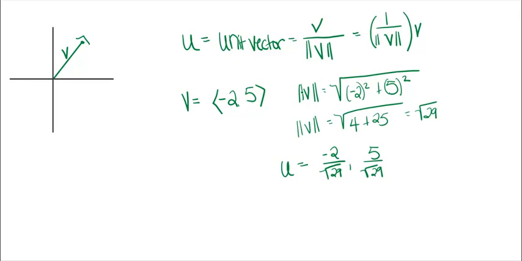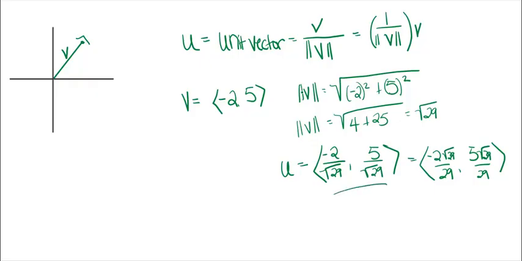This is not in its simplest form. You can simplify it to negative 2 square roots of 29 over 29 and 5 square roots of 29 over 29. That is the simplest form. However, it's not as easy to work with the simplified form as it is to work with this first form right here when you're trying to find the magnitude of this new unit vector.